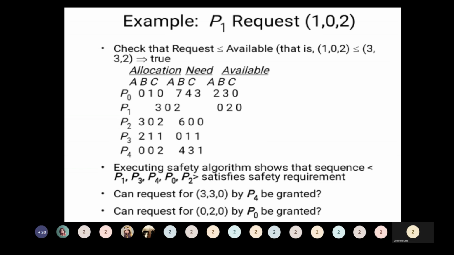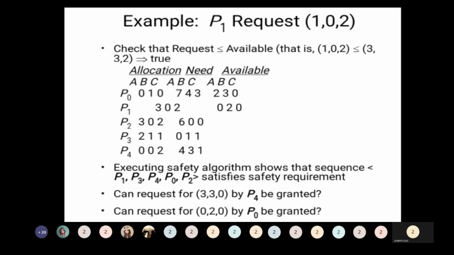That is shown here. The request is 1 0 2 and the availability is 3 3 2. Obviously 1 is less than 3, 0 is less than 3, and 2 is less than or equal to 2. So the request is less than or equal to the available, and the condition is satisfied.